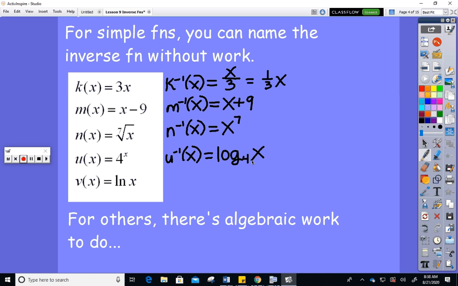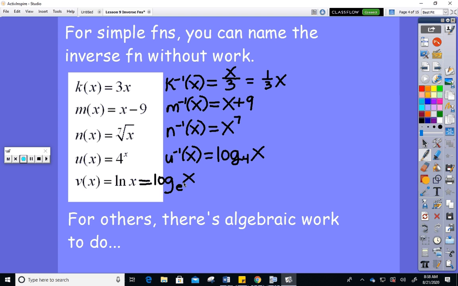Now, on v inverse of x, you've got the same scenario. So v of x is a logarithm. So I already know its inverse is an exponential. Do you remember that ln x simply means log base e of x? We don't write log base e of x. We write ln of x.